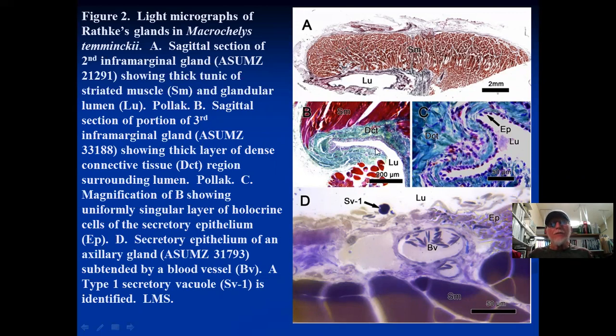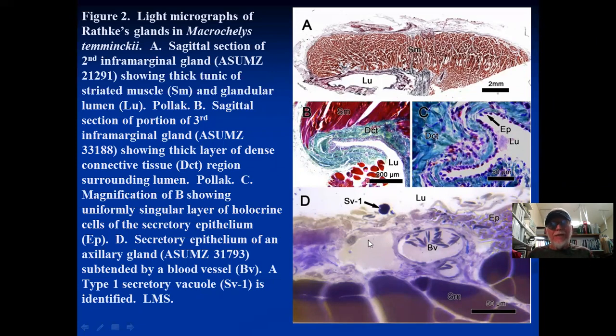And if we move to B and C, you can see here is the lumen still, and there's the epithelium that is producing these secretions. In C, you can see it's a single layer, not well developed in the alligator snapping turtle.